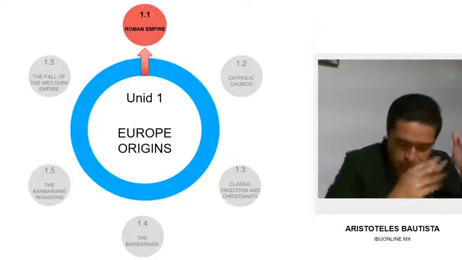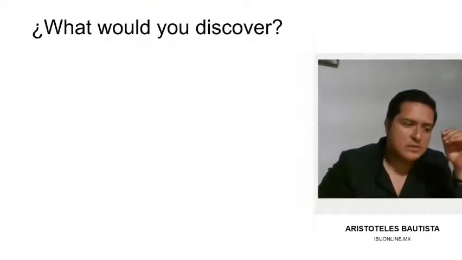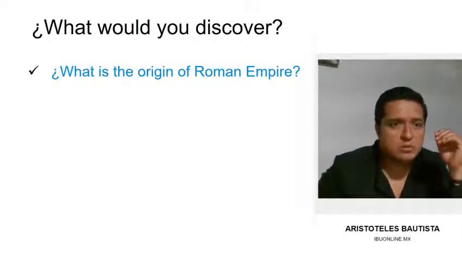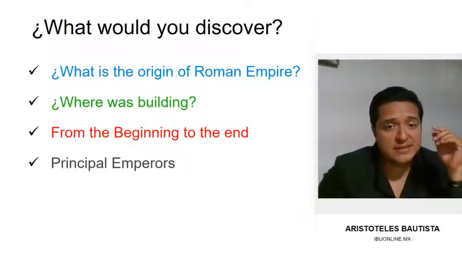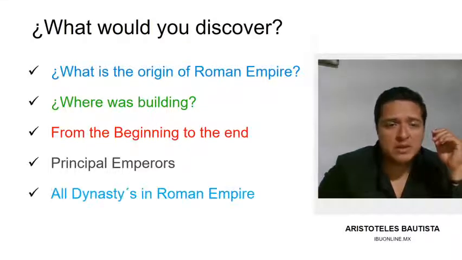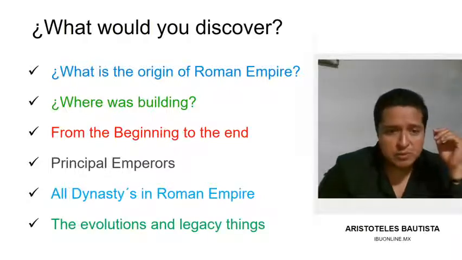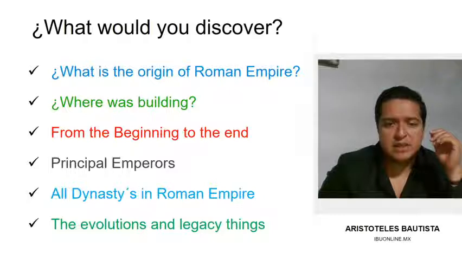The things we're going to discover in this presentation will be the origin of the Roman Empire, how it was built from the beginning to the end, principal emperors, all the dynasties in the Roman Empire, and its evolution and legacy.